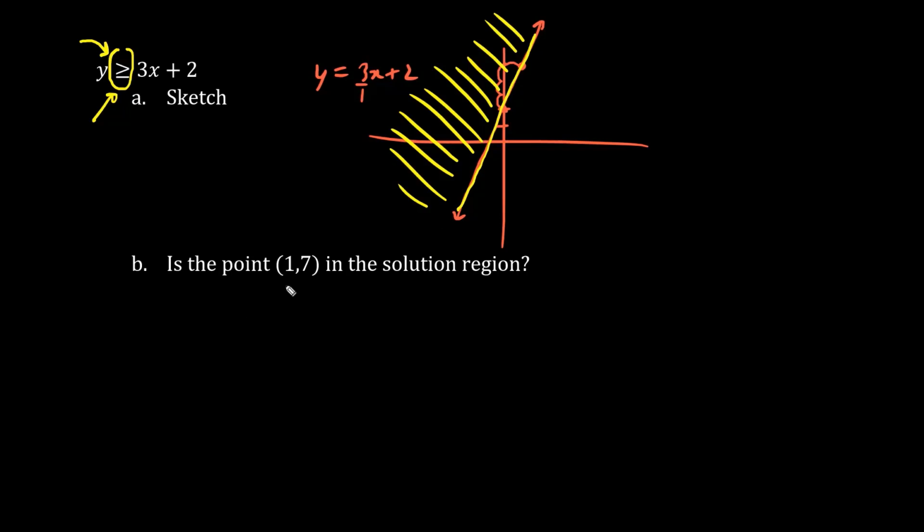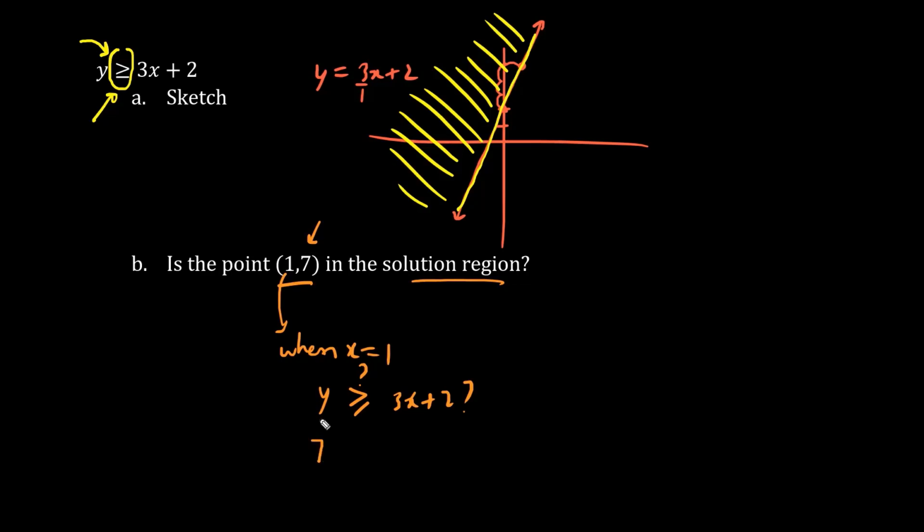So now the question is, is this point 1, 7 in this solution region? Let's use substitution. When x equals 1, is it true that y is greater than or equal to 3x plus 2? What we have here is the value 7.